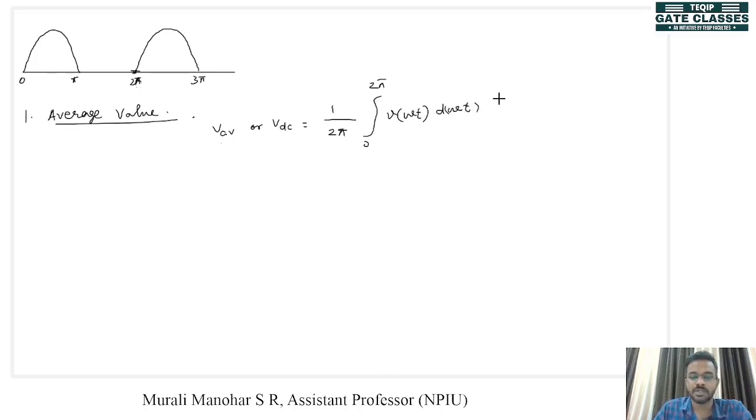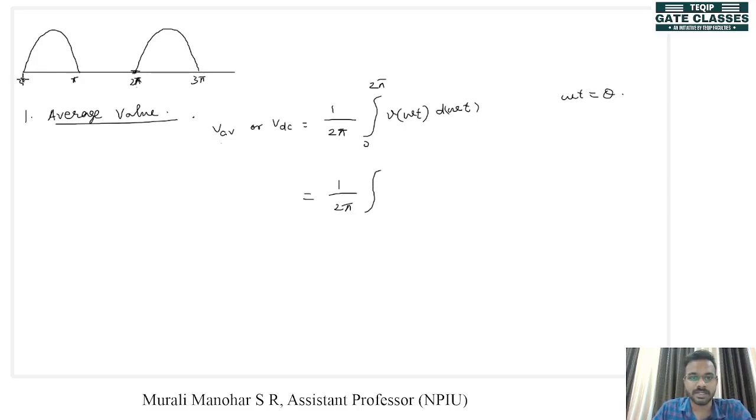This omega t is actually theta. So this is V of theta d theta. So we will be integrating it with respect to theta. Now 1 by 2 pi remains the same.